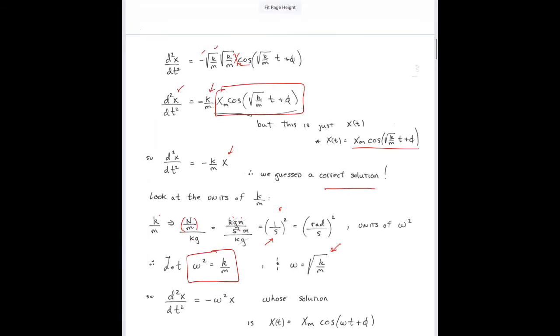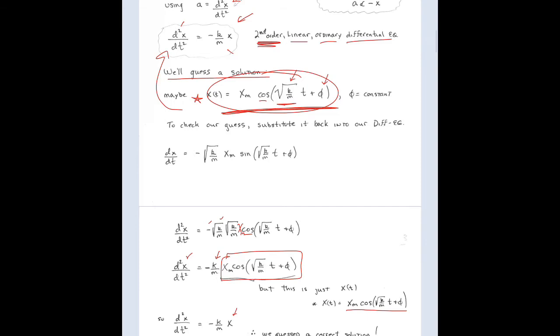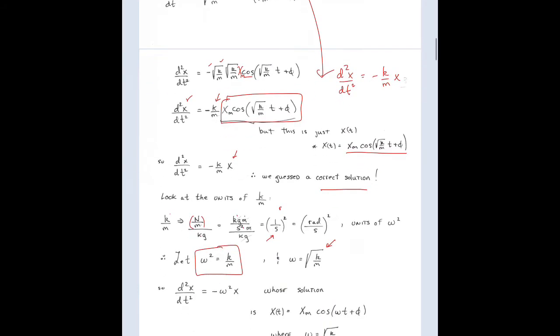So way back here, when we had this, which I'm going to rewrite, d squared x dt squared is minus k over m x. This right here, I'm going to call omega squared.